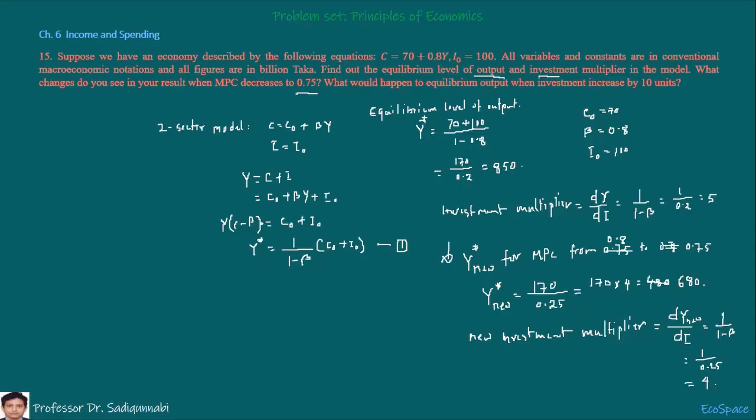Now our third part of the problem says, what happens to equilibrium output when investment rises by 10 units? So investment rises by 10 units means di equals 10.